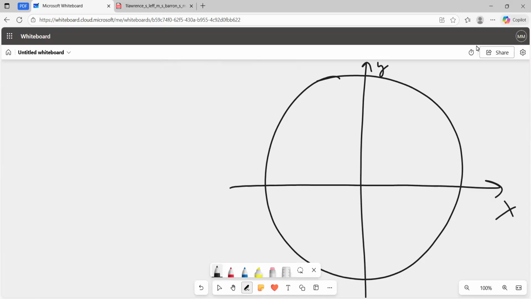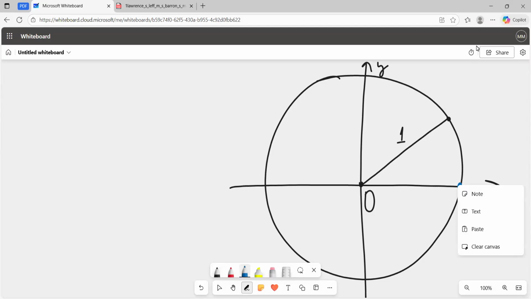A circle with radius of 1 and with center (0, 0), I mean, center is origin, is called unit circle.